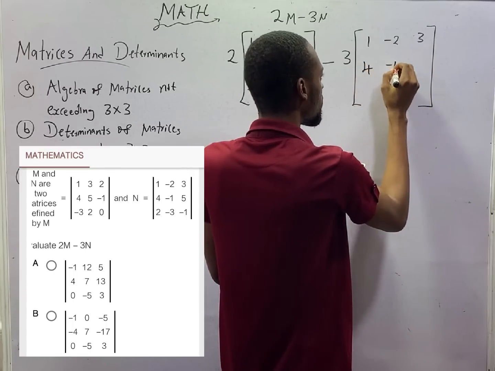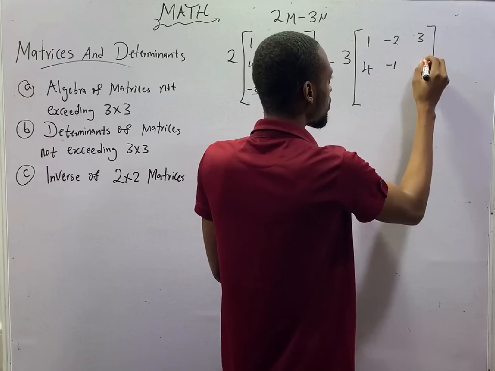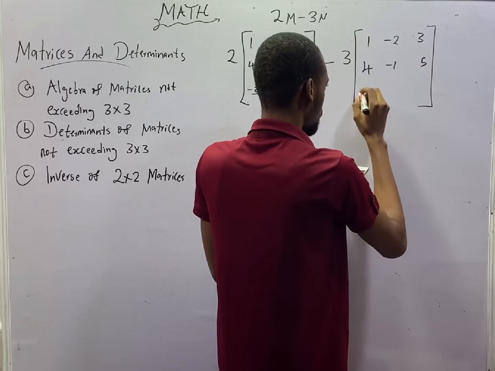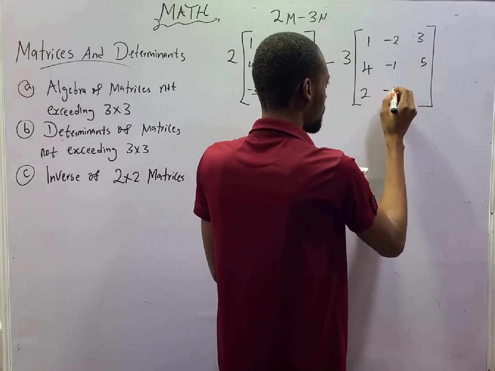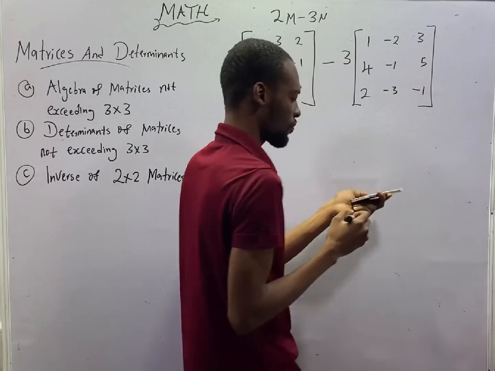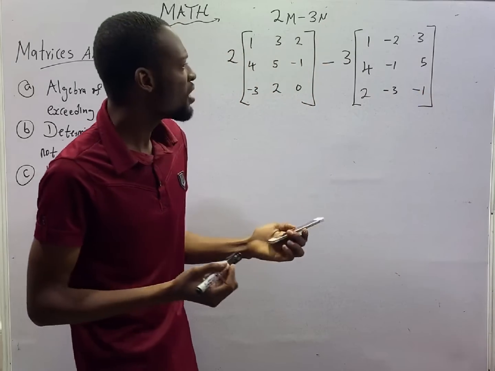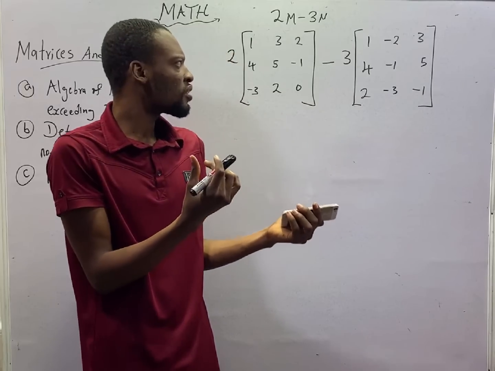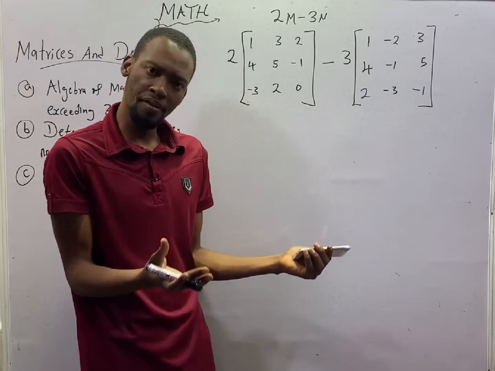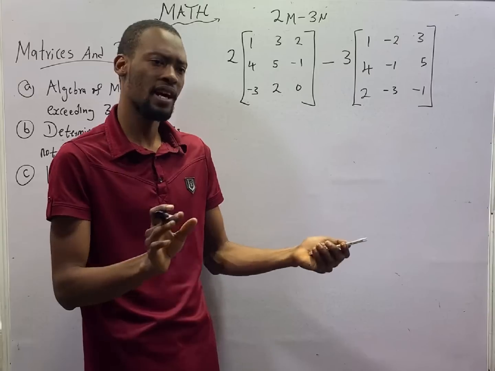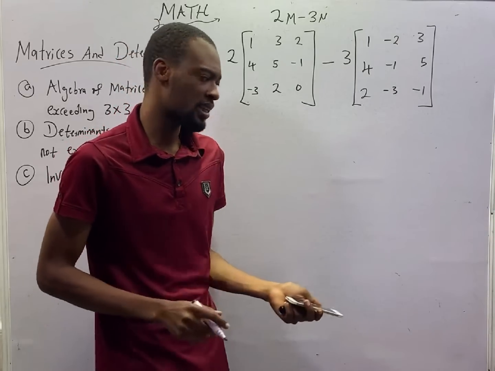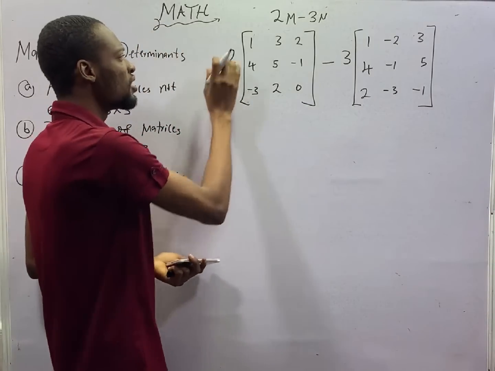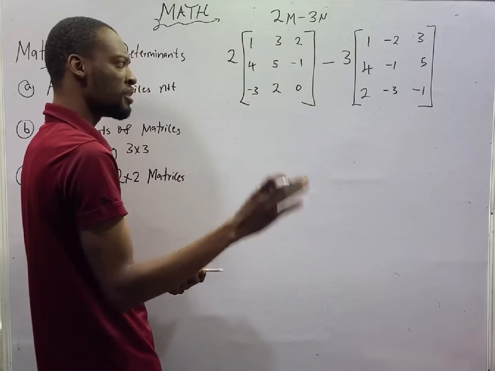4, minus 1, 5, 2, minus 3, minus 1. To multiply a matrix by a single number, irrespective of whether it is 3 by 3, 2 by 2, whatever, the same law applies. You use the single number to multiply each of the elements of the matrix.